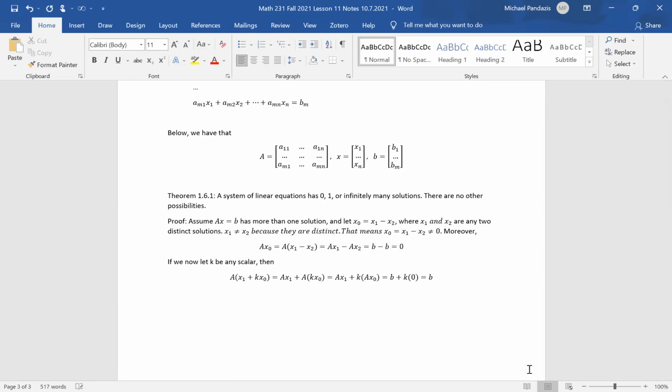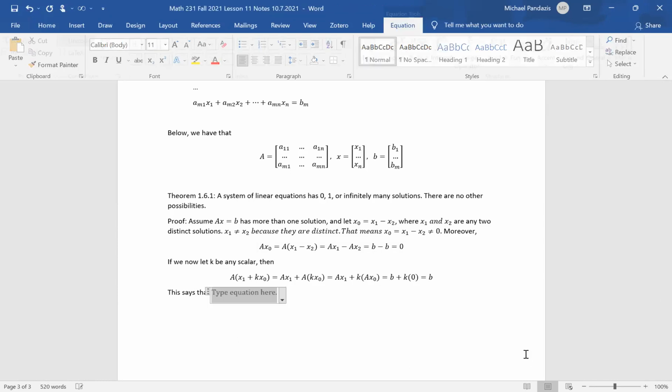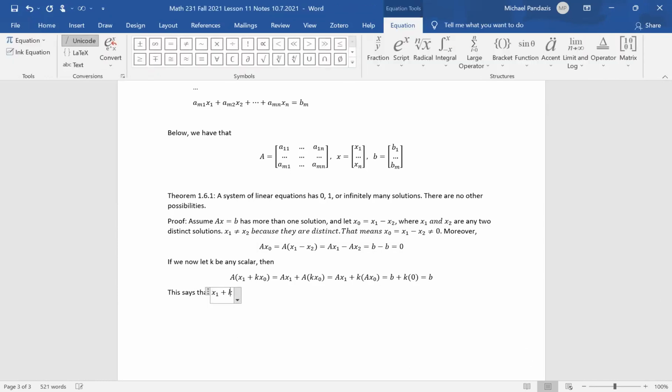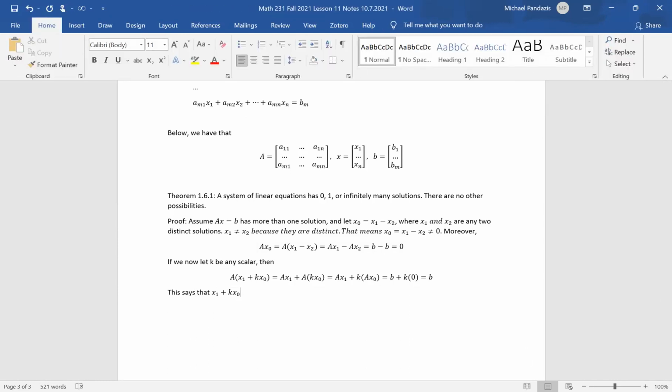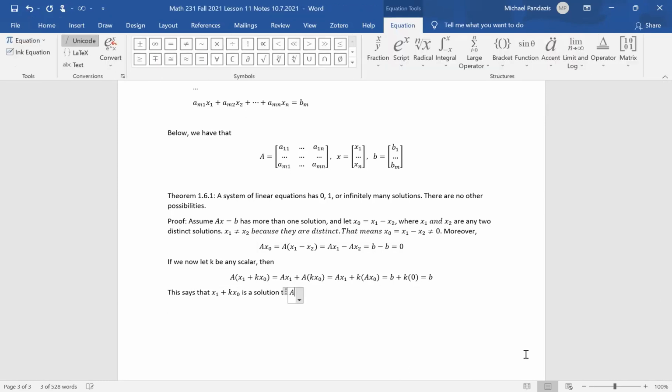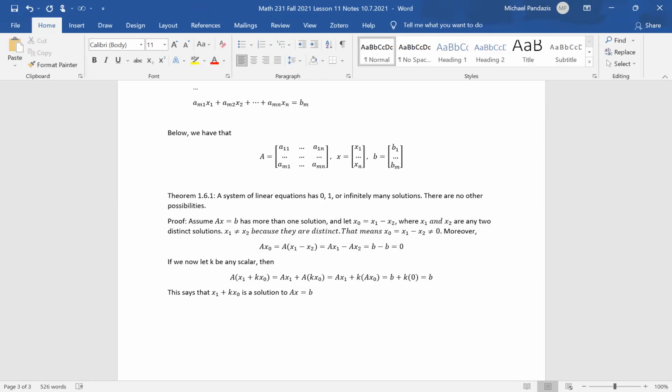Okay, so this says that, like I was just saying, x1 plus kx naught is a solution to ax equals b for any of the infinitely many real number values you can choose for k.